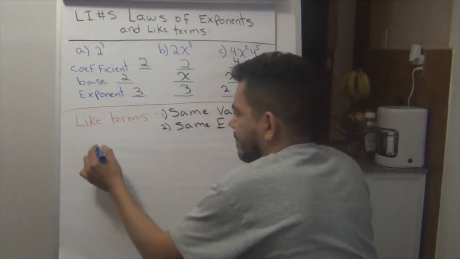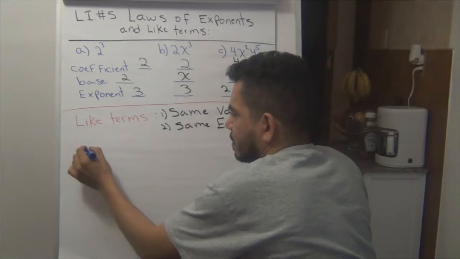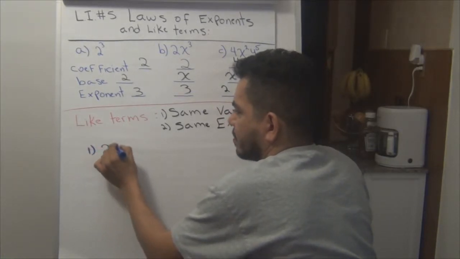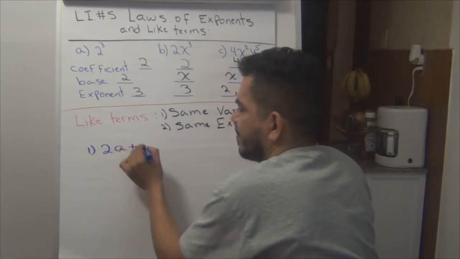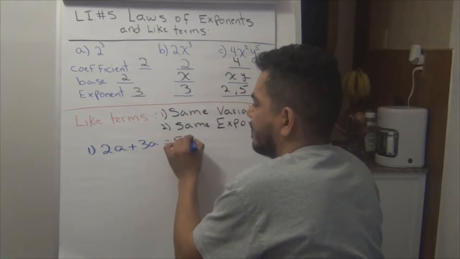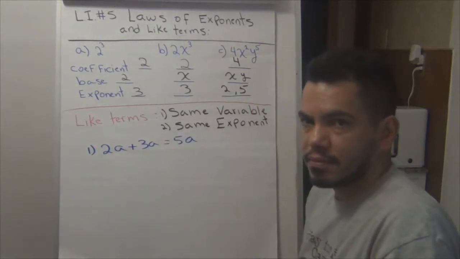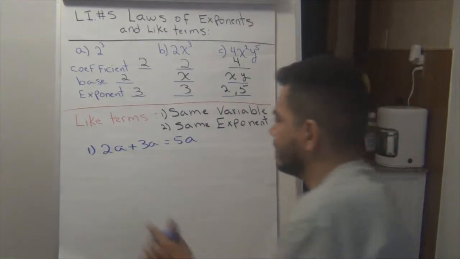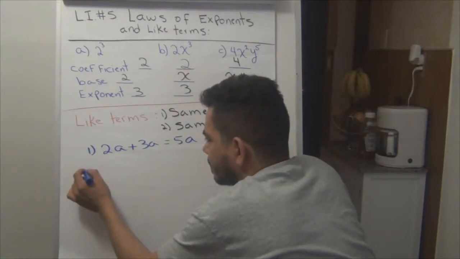For example, example number 1. If you have 2 apples and then you pick up 3 more apples, you end up with 5 apples. See that? Now, example number 2.